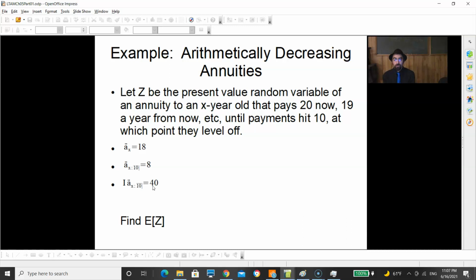And the trick is how to Frankenannuity this into a combination of what we have. Well, I can break this down into the first 10 years, from when it starts at 20 and decreases down to 11. Notice, when it decreases down to 10, that's actually going to be the 11th year. So the first 10 years end with the 11th payment.